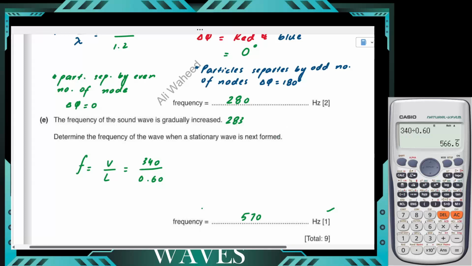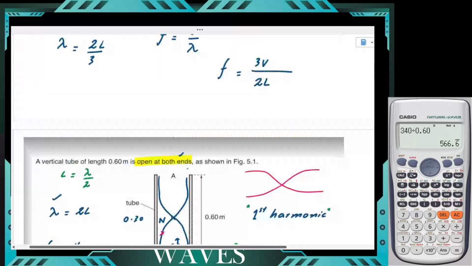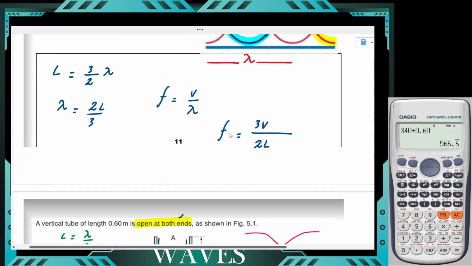If you need to find the frequency of the next stationary wave, just multiply the fundamental frequency by 3. You get the third harmonic, or use the general formula for the frequency, which for the third harmonic is 3V over 2L.